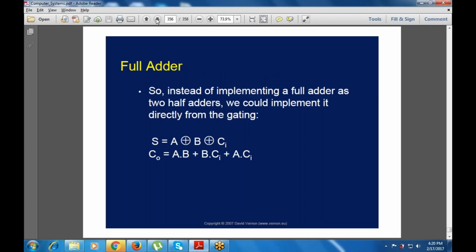Now, instead of implementing a full adder as two half adders, we could implement it directly, that is S equals A XOR B XOR CI. Then C0 equals A into B plus B into CI plus A into CI.